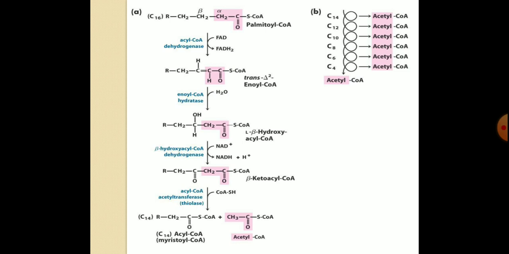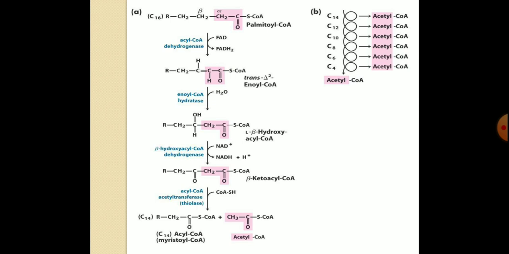Here FAD acts as hydrogen acceptor and converts into FADH2. The structural changes which occur in palmitic acid are highlighted by pink color in this flow chart.